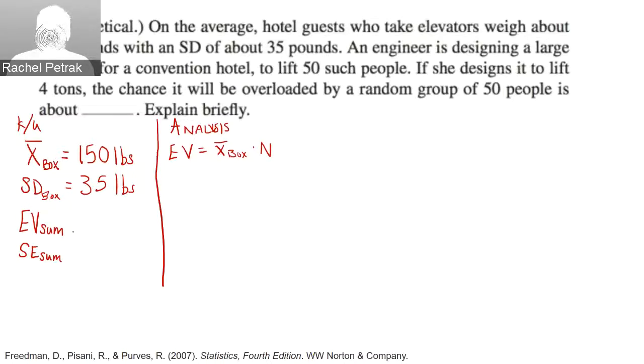In this case, our expected value works out so that the mean of the box, remember, is 150, and the number of draws is 50 people. So the expected value is 7,500.